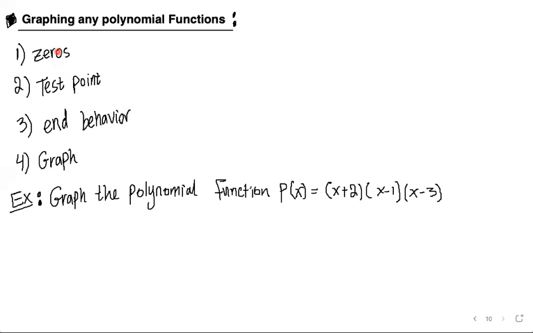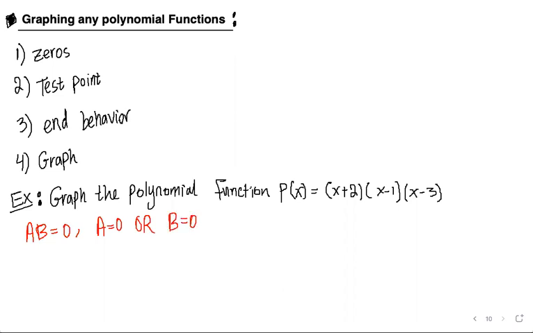First of all, we have to find the zeros. What are the zeros for this polynomial? Negative 2, 1, and 3. Yes, thank you. To find the zeros, like in the previous section, we use this rule: if a times b equals 0, this means a equals 0 or b equals 0.